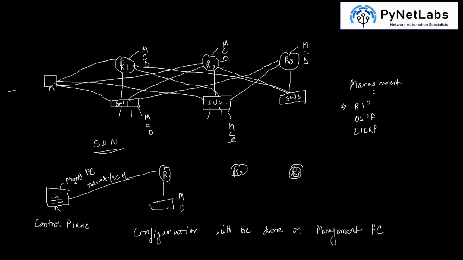The very first part was about management, control, and data plane only, about their functions. Now we'll move forward. There are some drawbacks as well when it comes to automation or programmability.